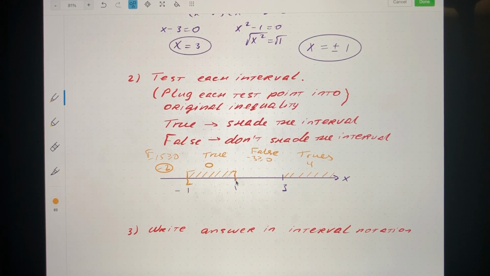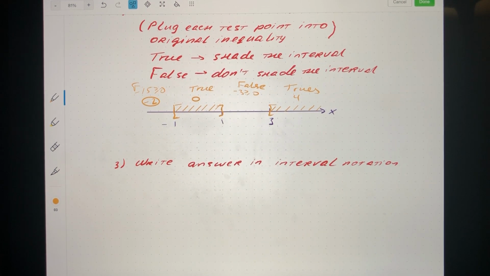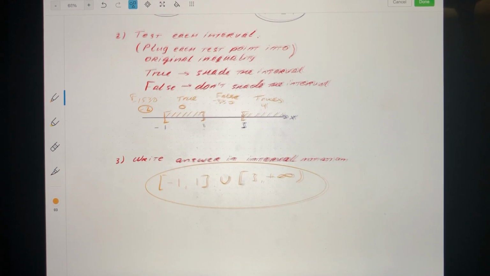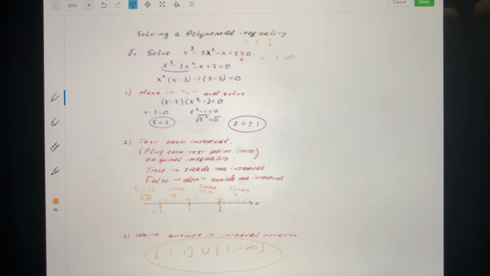Bracket, bracket, bracket. So our answer is bracket negative 1 to 1, and then union bracket 3, and goes on to infinity with the parentheses. And that's the final answer to solving our polynomial inequality.